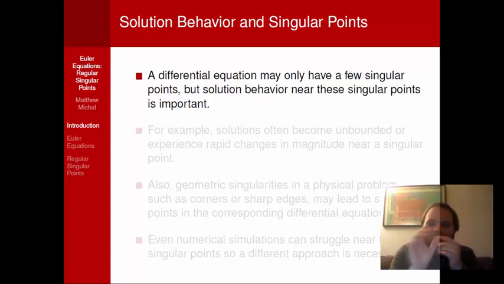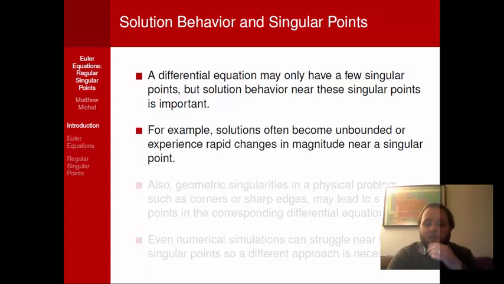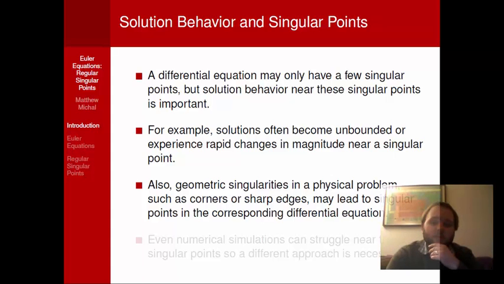But the thing is, around these singular points, the solution behavior is very important. Those singular points drag everything in their neighborhood into some crazy values, and so it becomes unbounded. Magnitude will jump all over the place, and oftentimes these occur near sharp points or corners in the solution.